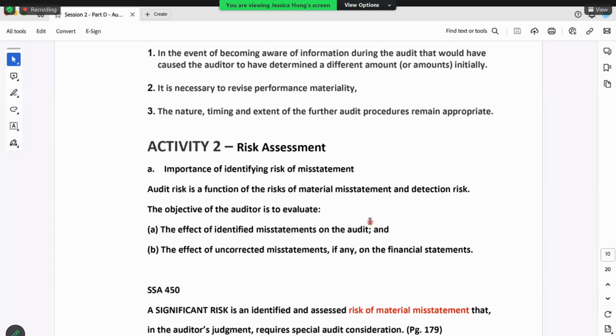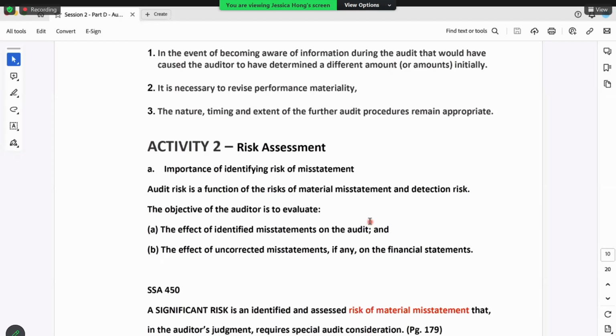So most of the time, there could be a question that begins with identifying risk of material misstatement. Then they follow with a question asking what the audit procedures are. And then they may end that question by asking what the appropriate audit opinion is. All right, these are some of the very popular questions. In audit risk, for us, our focus is our ability to detect material misstatement.